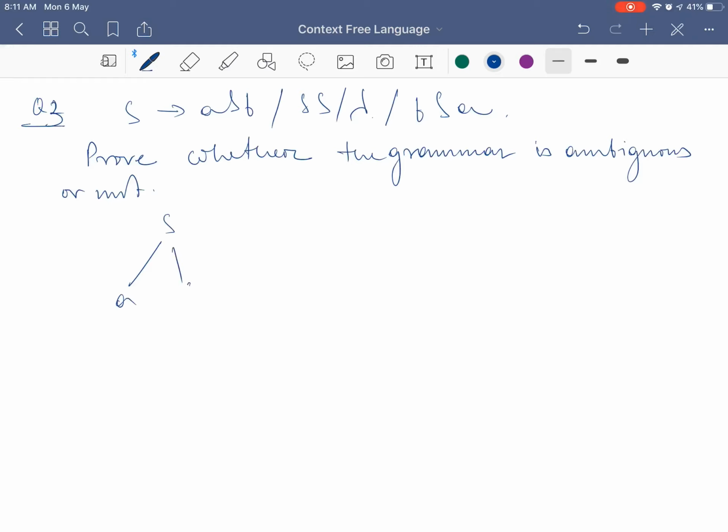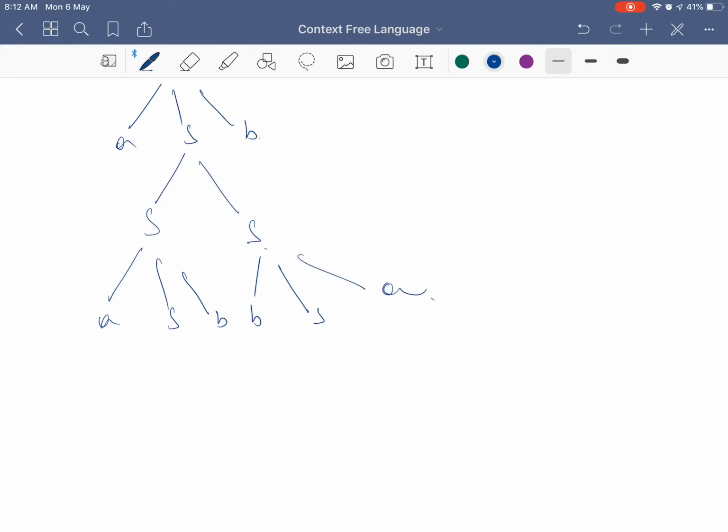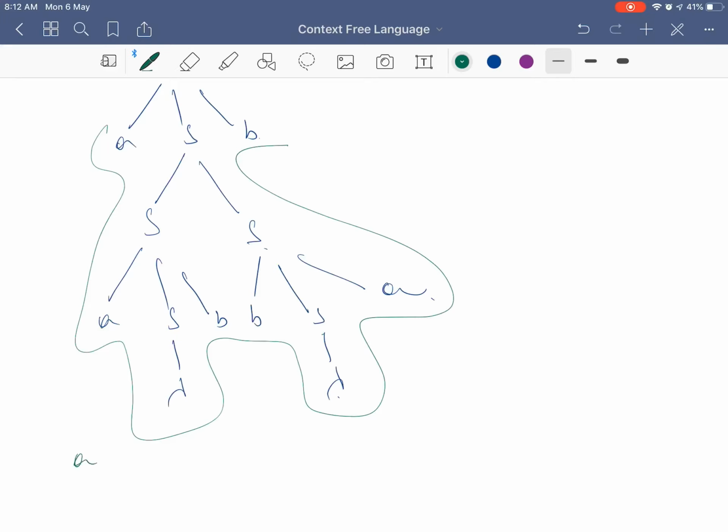So S to aSb, then again I have S and then S. This S I am putting suppose aSb, and this S I am putting suppose bSa, and then this S is lambda, this S is lambda. So if I scan it, I will get aa lambda bb lambda ab, means aabbab.